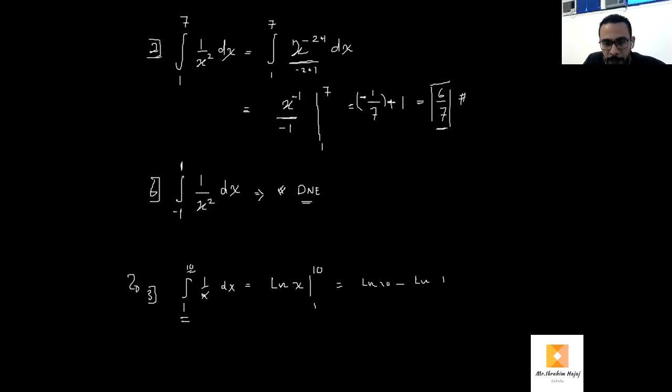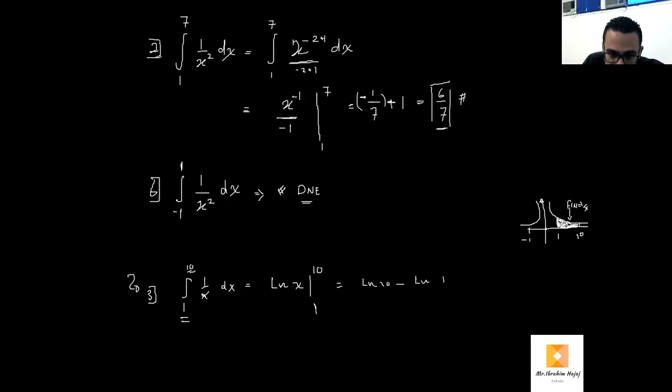Okay, and if you graph 1 over x and you are studying the area from 1 to 10, it's a bounded area. It's a continuous function. The function f of x equals 1 over x is continuous between 1 and 10, but between any negative value and a positive value, there is an infinite discontinuity in the middle, so the function is not continuous.